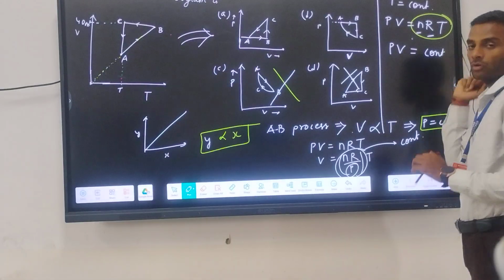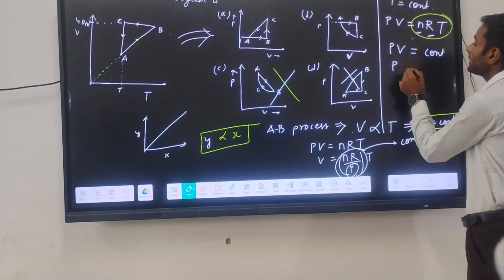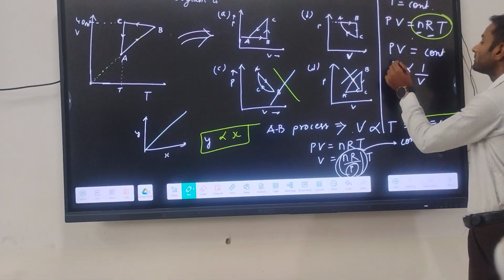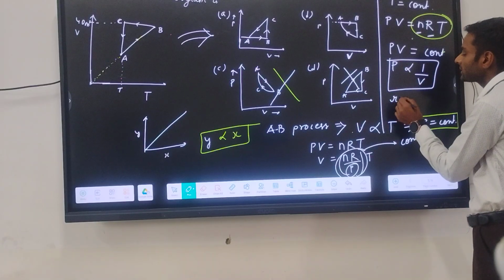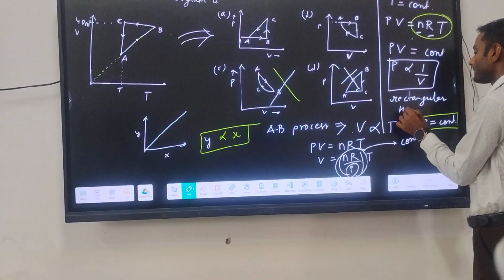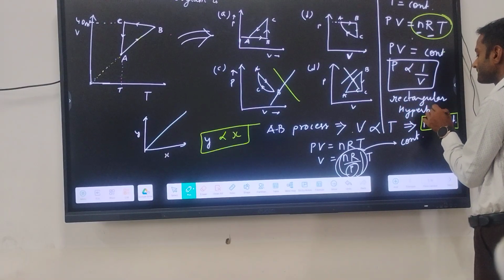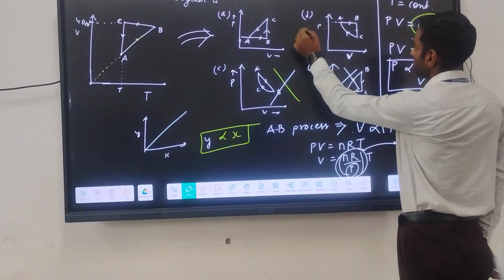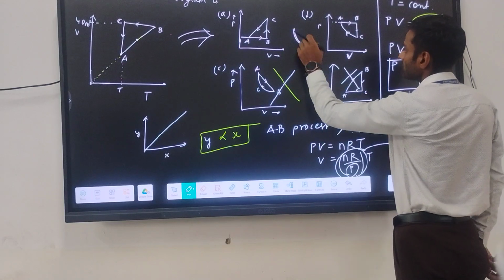That means PV is equal to constant. This implies P is inversely proportional to V, और इसको ऐसा बोल सकते हैं rectangular hyperbola. जिसका ग्राफ ऐसा है. The graph is like this.